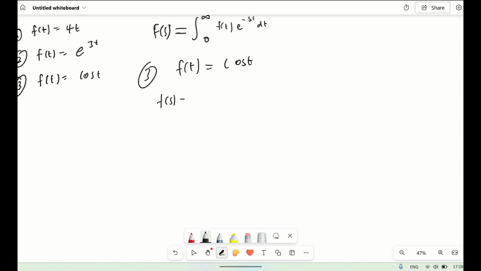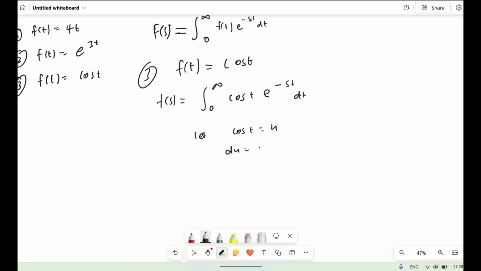We use the same formula, from 0 to infinity of cos t e to the negative st dt. So we're going to remember what we did in number 1. We're going to let our cos t be equal to u.